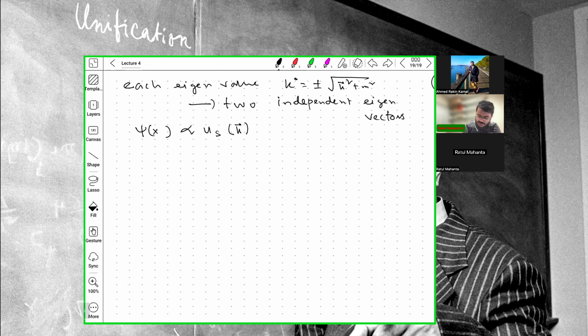Since k0 is related to the k vector, I am writing everything as a function of the k vector only. And there could be another solution, which is some v_s(k) e to the power plus ikx, with s equals 1 and 2, because of each eigenvalue. So this corresponds to the positive one, this corresponds to the negative one.